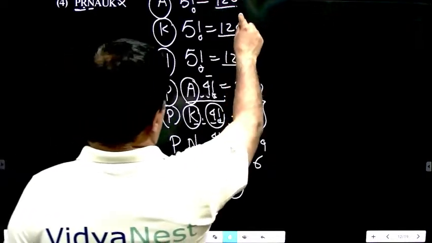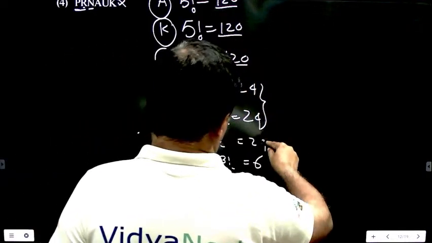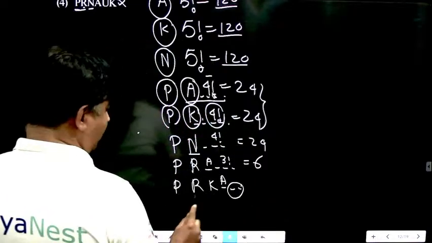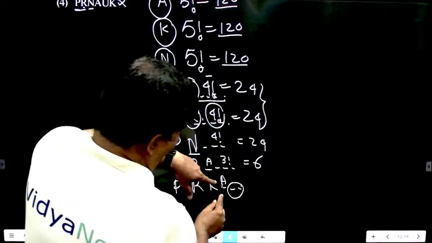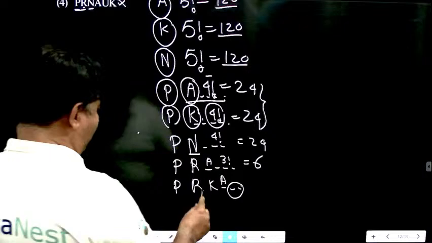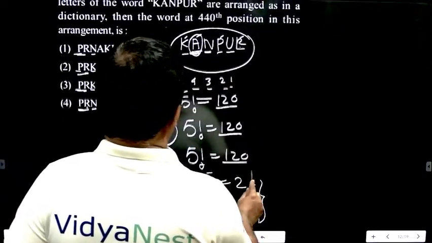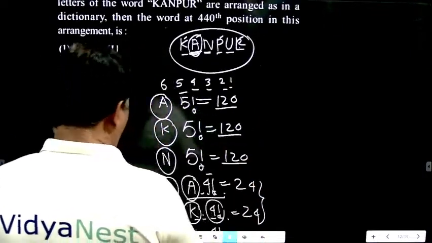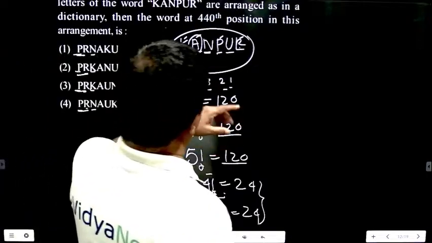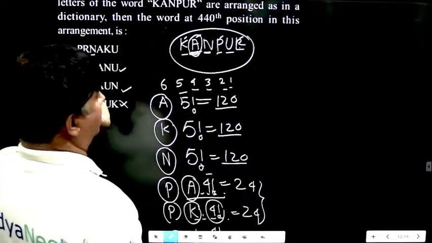This is up to 120, 360, 438. Now I have fixed A. After A, how many elements are still left to get occupied?